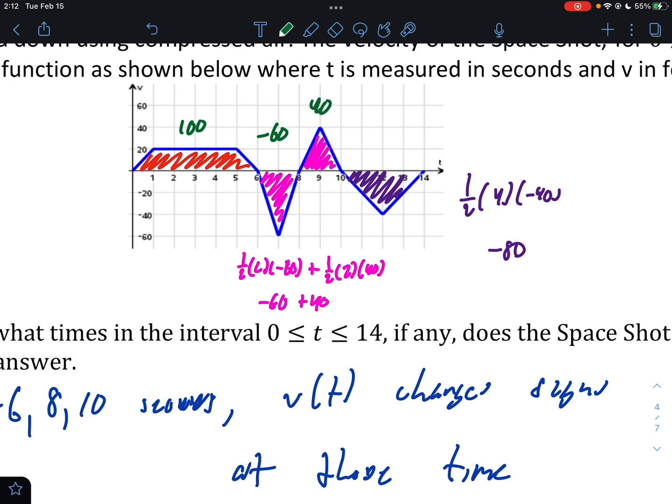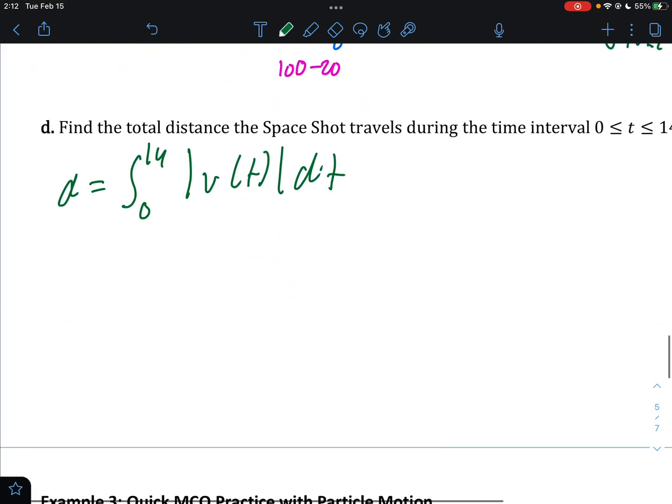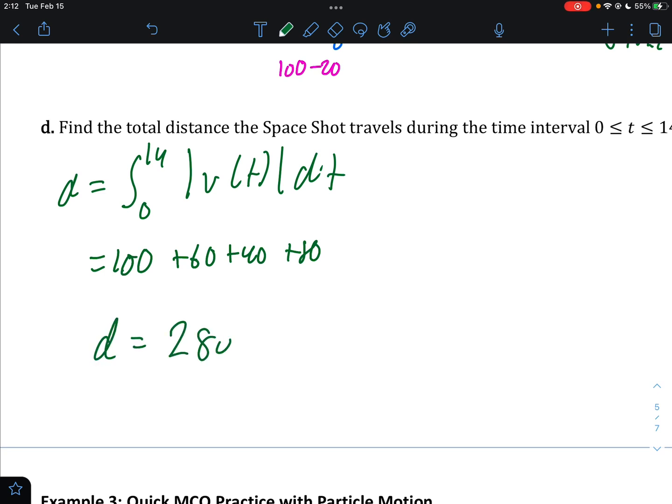And 10 to 14 was negative 80. But it's absolute value, so we're going to add those together: 100 plus 60 plus 40 plus 80. So the total distance traveled would be 280 feet.